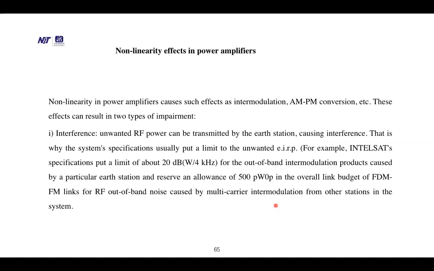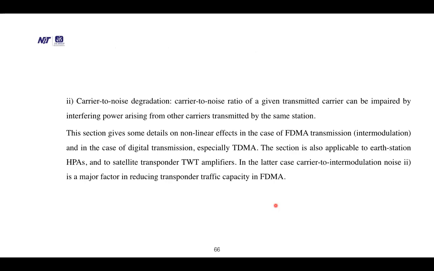Nonlinearity effects in power amplifiers. Nonlinearity in a power amplifier causes such effects as intermodulation and AM-PM conversion. These effects can cause two types of impairment: interference and carrier to noise degradation. We all who have an electronics engineering background know clearly about this.